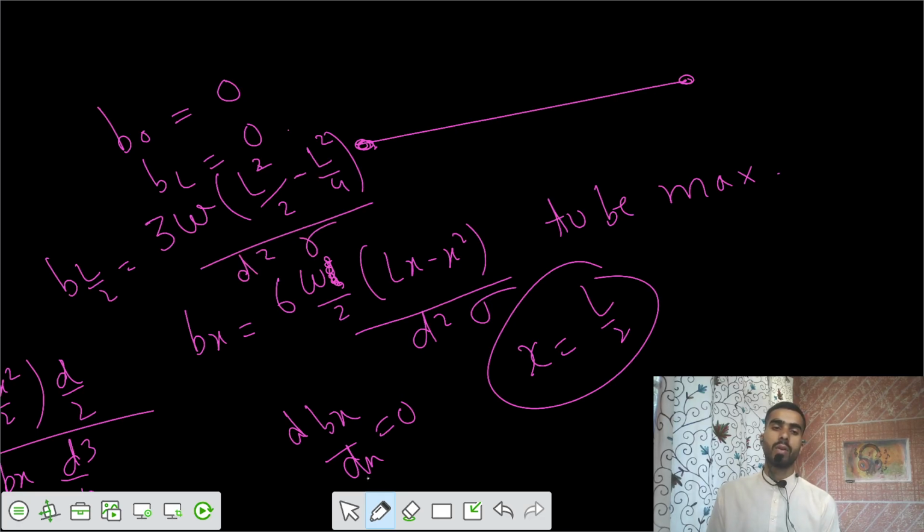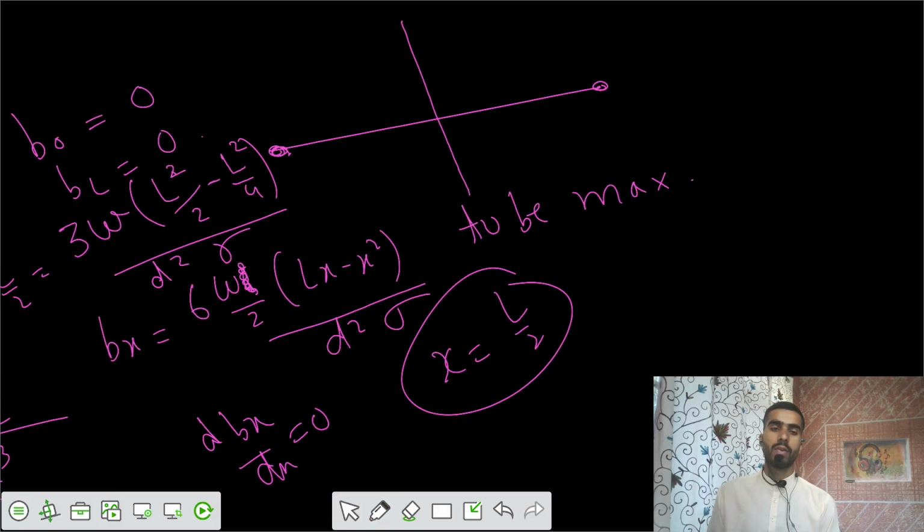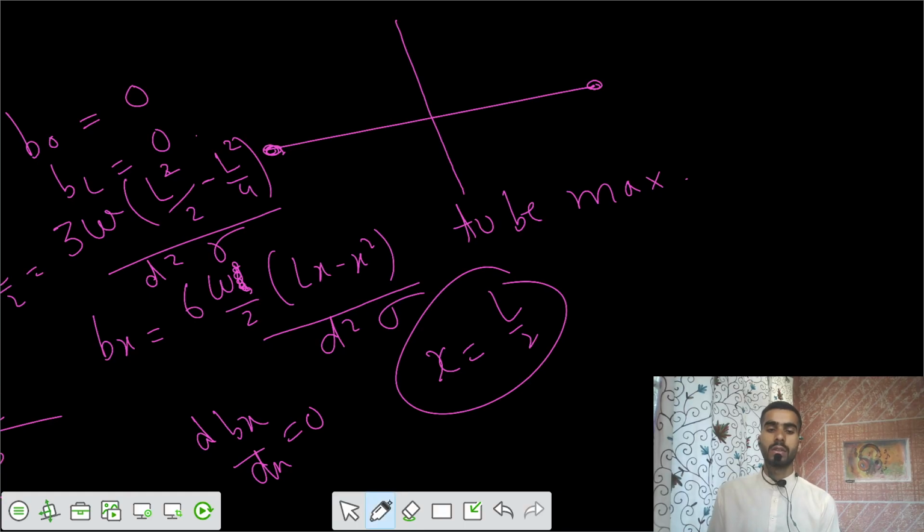So B at L by 2 equals 3 by 4 times WL square by d square sigma.